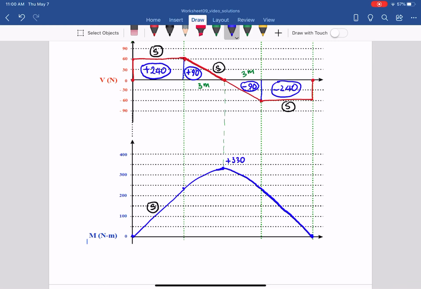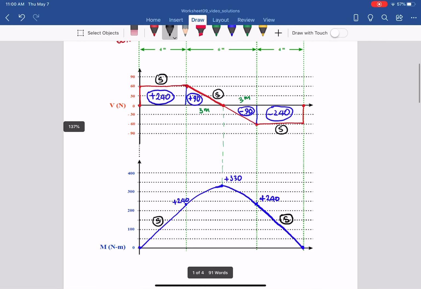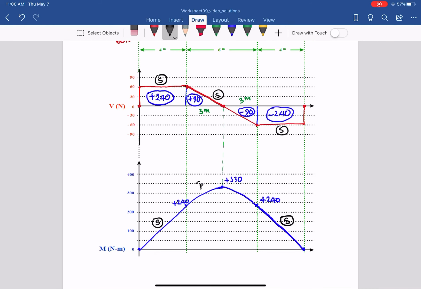So you can see that at this point plus 240, 330 plus negative 90 gives 240 at that point, and then 0 there. So what do we have? A straight line in the last 4 meters, and of course this is a parabola. Makes sense? And it's 0 slope in the middle.